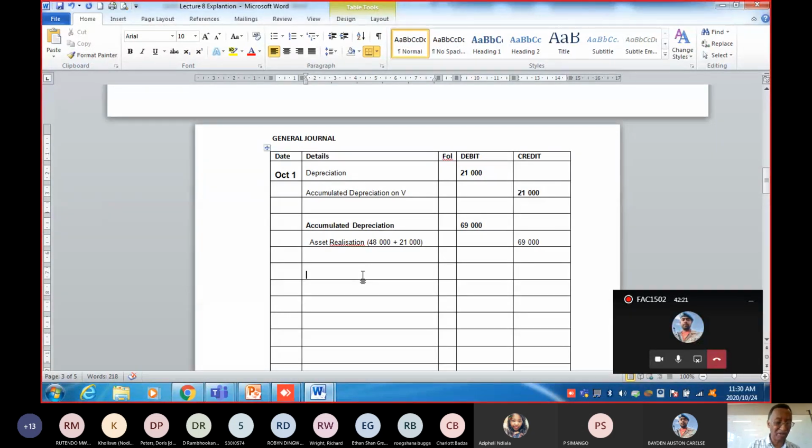So to account for this, I debit my account, asset realization, and I credit my account, vehicles, because our vehicles decrease. We don't have that vehicle anymore. And the cost price is 140,000 Rand.